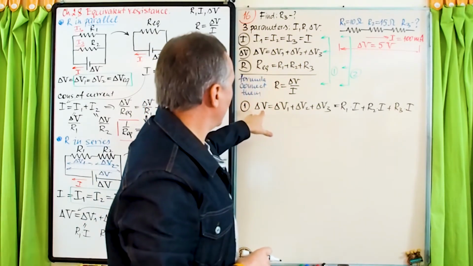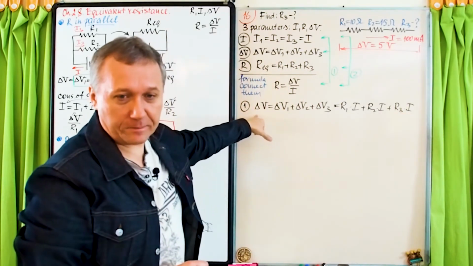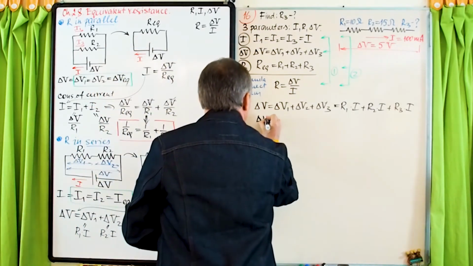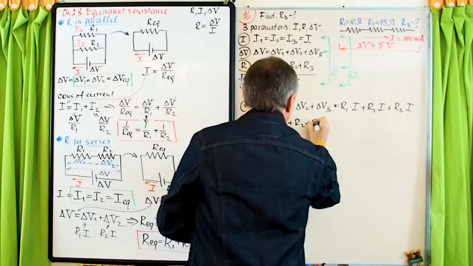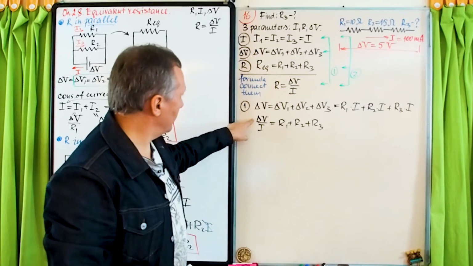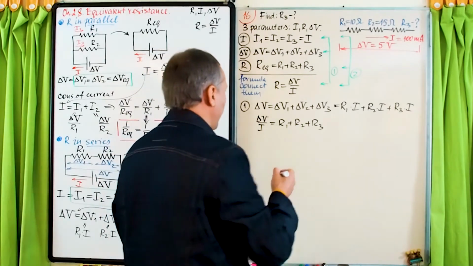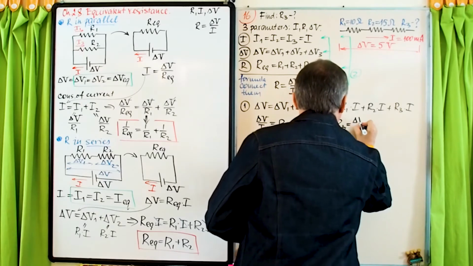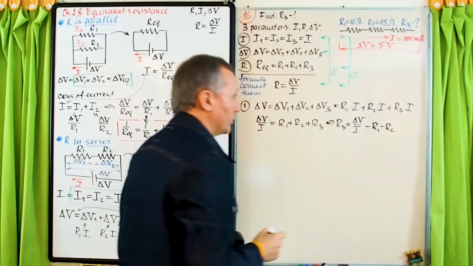Now, current is given, so I can factor it out and bring it to this side. Delta V over I equals R1 plus R2 plus R3. Everything is given except for R3. One equation, one unknown, so the problem is almost done. From here, R3 equals delta V over I minus R1 minus R2.